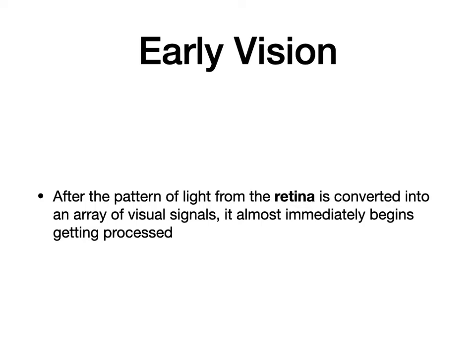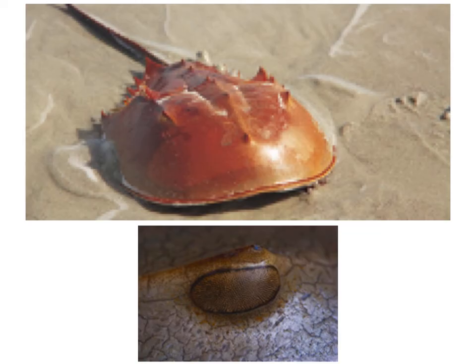We can look at how we uncovered this interesting tidbit by looking at the horseshoe crab. So, horseshoe crabs are these strange-looking critters. I mean, they're crabs, but they're almost more primordial than that.